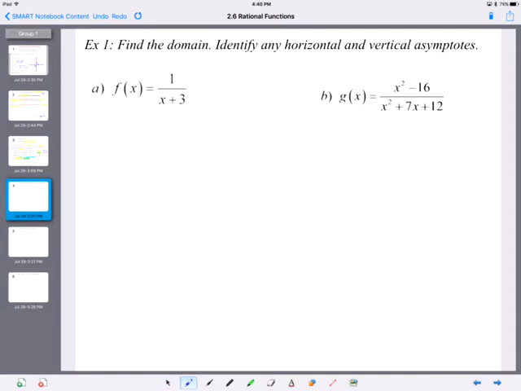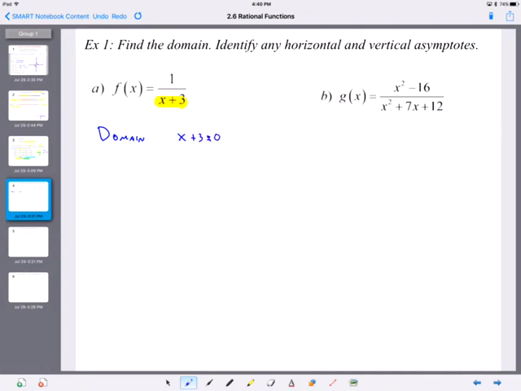So on the first one here, f of x equals 1 over x plus 3. Well, your denominator has to do with your domain. So x plus 3 cannot equal 0.